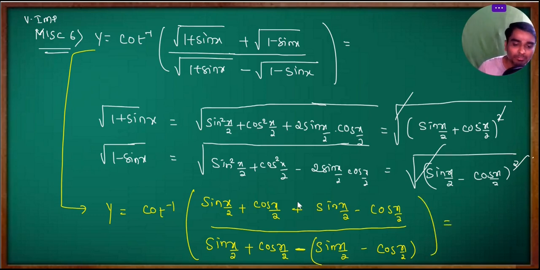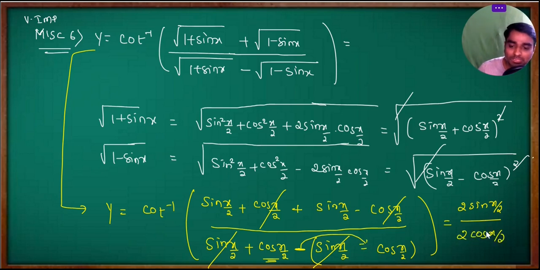Okay, so if I simplify this, I can remove sin x by 2 here, plus cos x by 2 minus cos x by 2. Then I am remaining with 2 sin x by 2. Same way here I remove this sin x and this sin x. Now I will remain with cos x by 2, and minus and minus will become plus another cos x by 2. So I will remain with 2 cos x by 2.